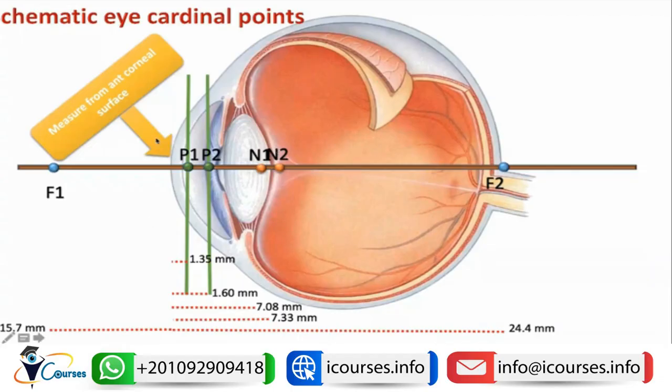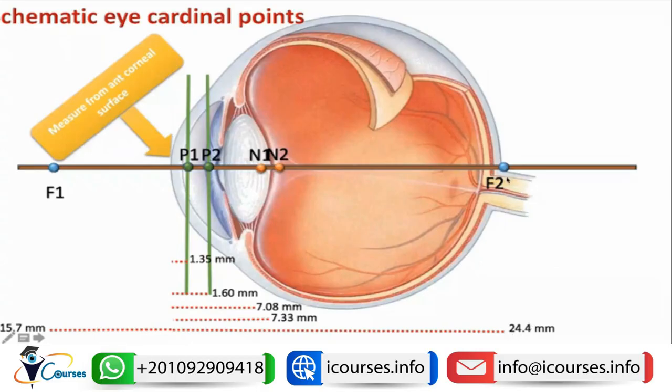Okay, the N1 and the N2 are straddling the posterior lens surface. N1 is in front of the posterior lens surface, while N2 is behind it. The F1 has a minus value because we measure from the anterior corneal surface, moving from right to left, so it is minus 15.7 millimeters, while F2, measured from the anterior corneal surface, is 24.4 millimeters.